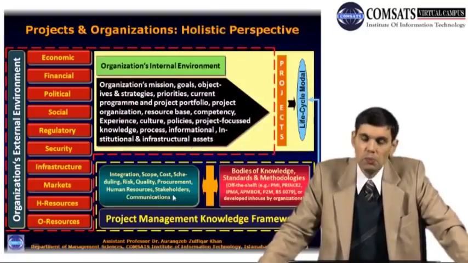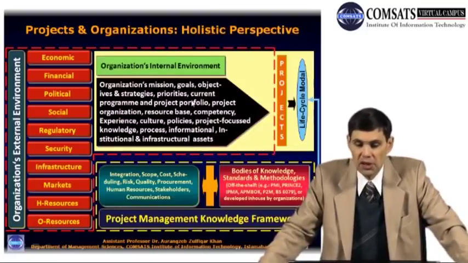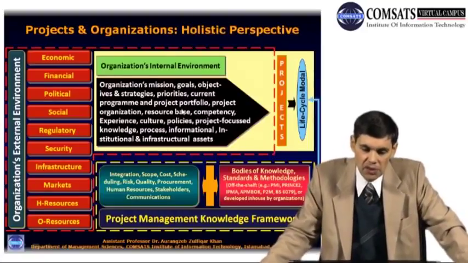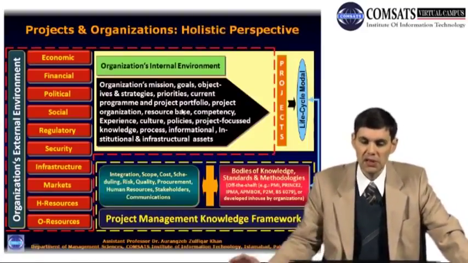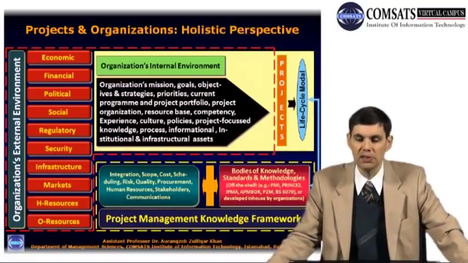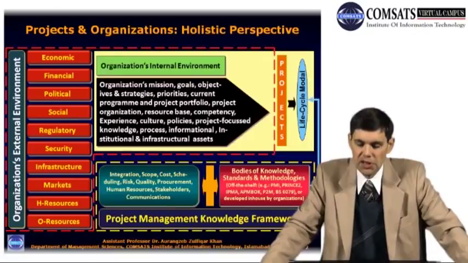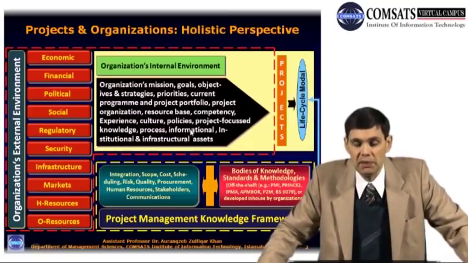Well, in order to do projects, in order to do programs, one needs all these ingredients, which are provided by the organization. One needs resources, one needs expertise, one needs competency, one has to have a direction, which is reflecting the projects and the programs. And all this has a very heavy stakeholder relation here.